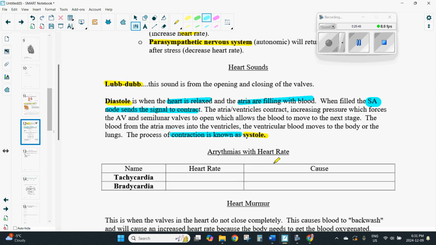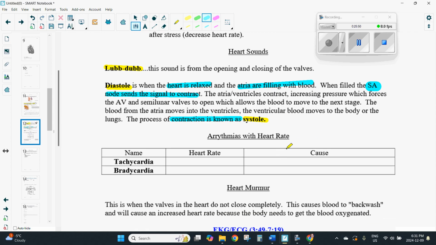So heart rate. So there is what we call systolic pressure and diastolic pressure. Systolic pressure, and I think I have this a little bit later on, but we might as well talk about it here because we're talking about systole and diastole.